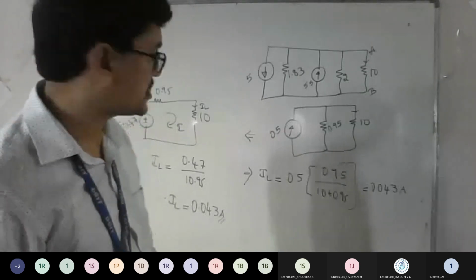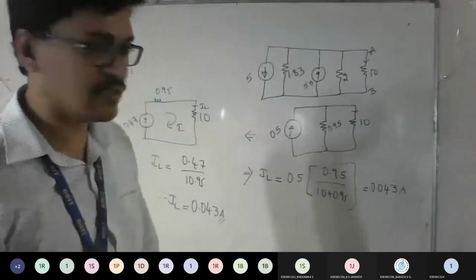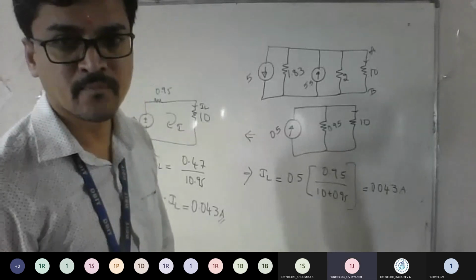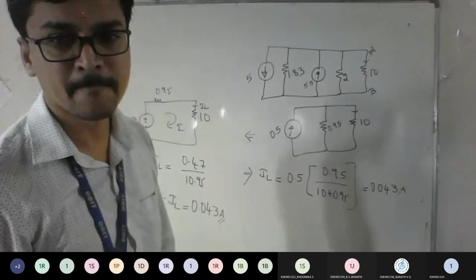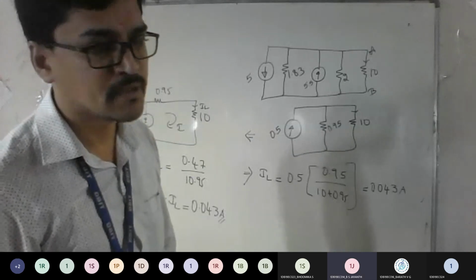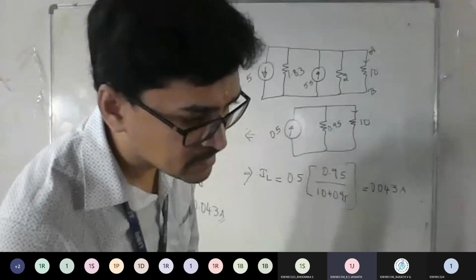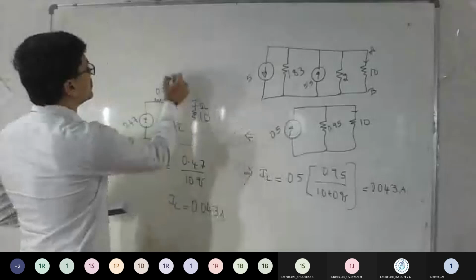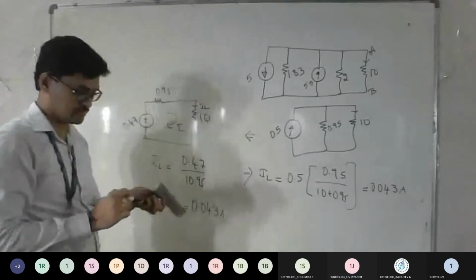How to find the voltage across your 10 ohm resistor? Voltage division rule in a series circuit, sir. Good. So what's the answer?